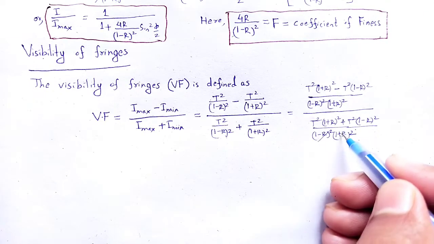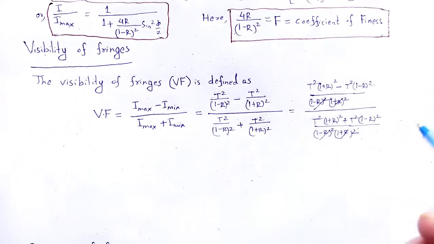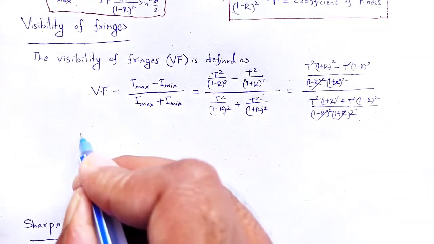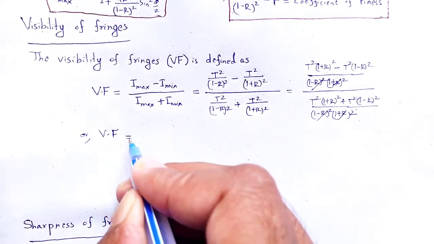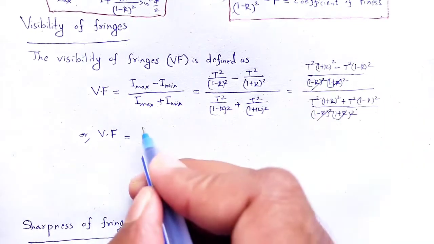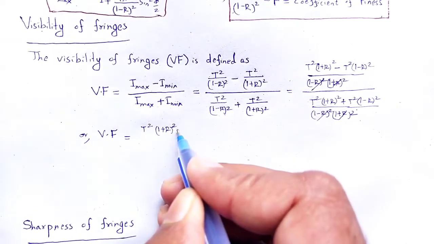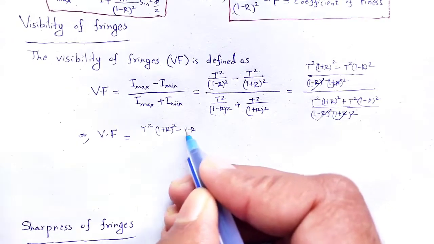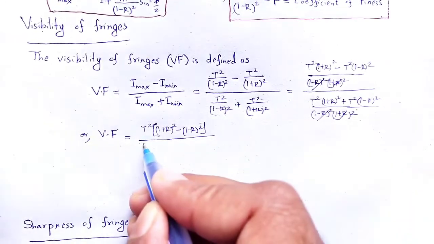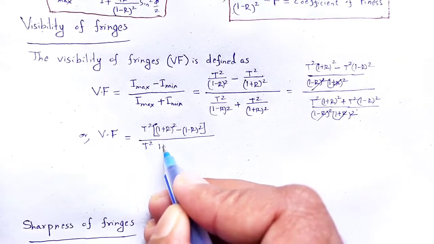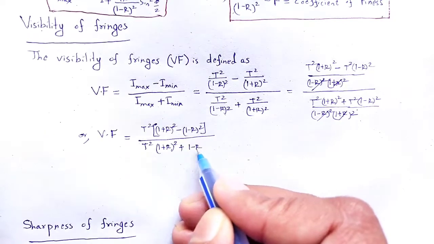The denominator part cancels out. The visibility factor VF is equal to T square common, 1 plus R whole square minus 1 minus R whole square, divided by T square common, 1 plus R whole square plus 1 minus R whole square.